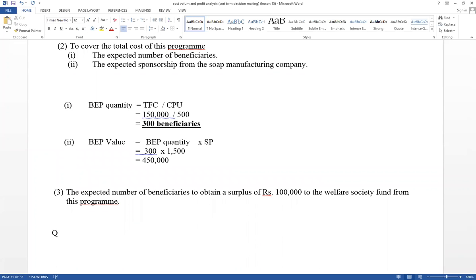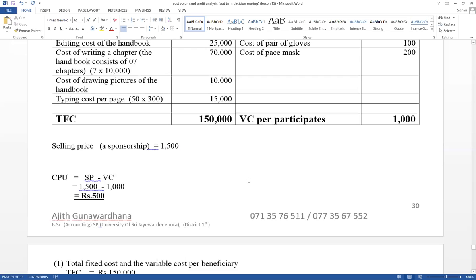Quantity they ask, quantity equal total fixed cost plus expected profit, divided by contribution per unit. Total fixed cost already calculated. Total fixed cost equal 150,000.